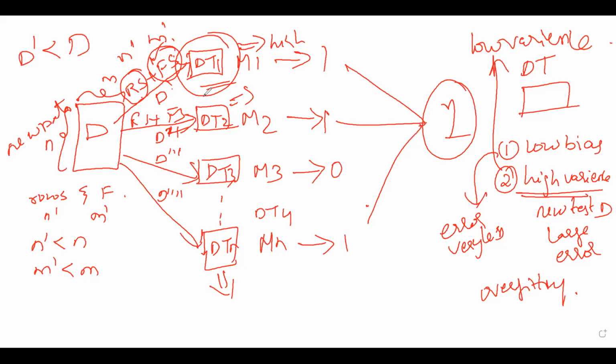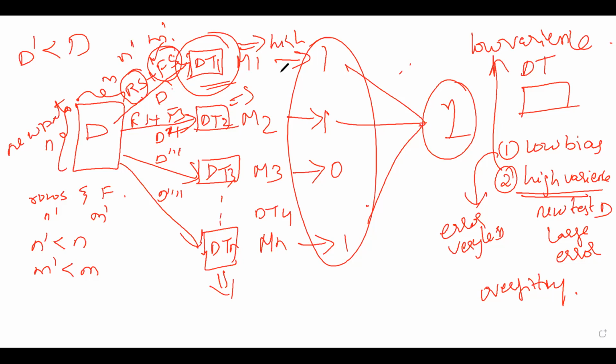Since we give different sets of rows to the decision trees, together they get trained on all rows of the data set. So to convert high variance to low variance, we take a majority vote. We do not depend on the output of only one decision tree, so by combining multiple decision trees we convert high variance to low variance.